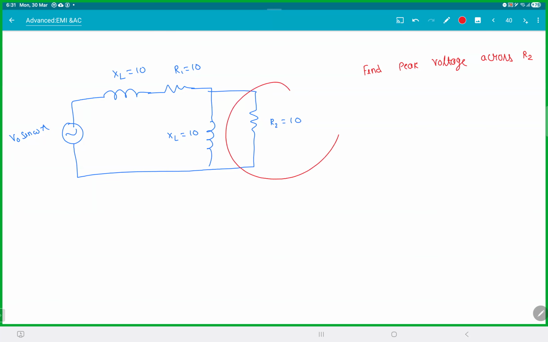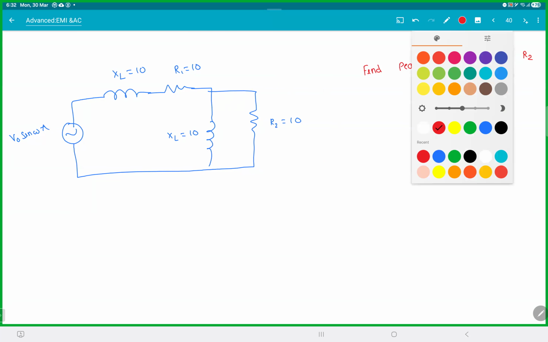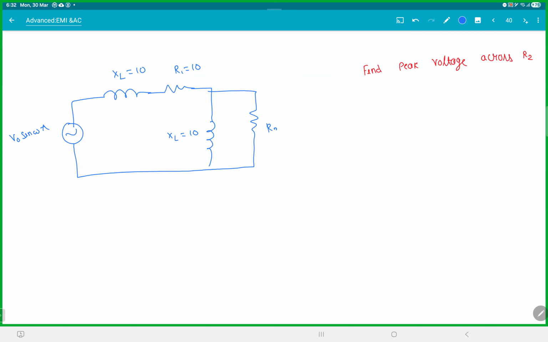R2 is this guy. The answer will come in terms of V naught.